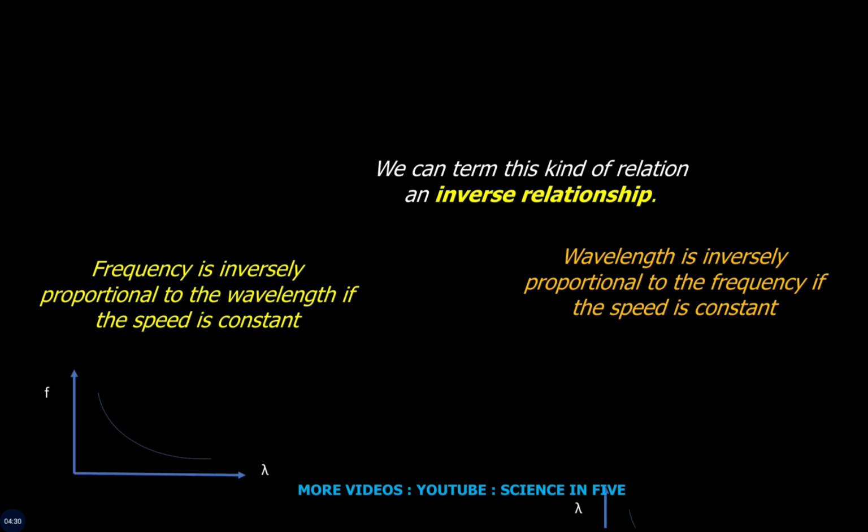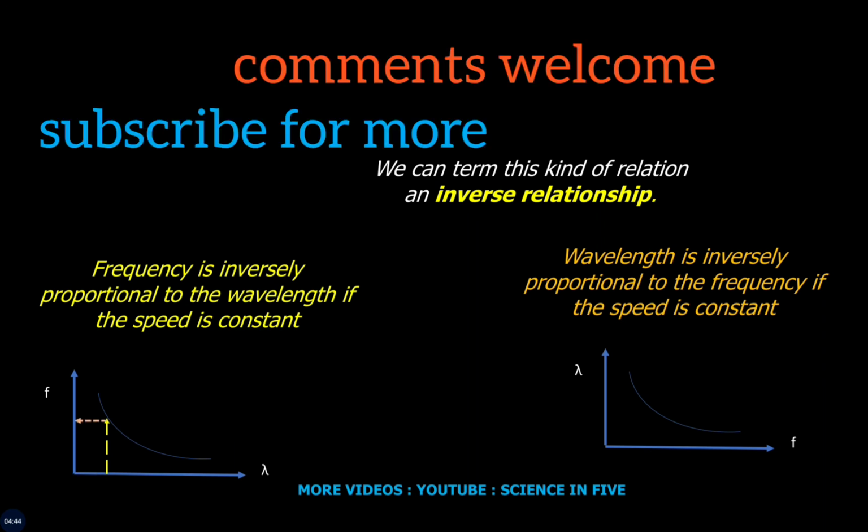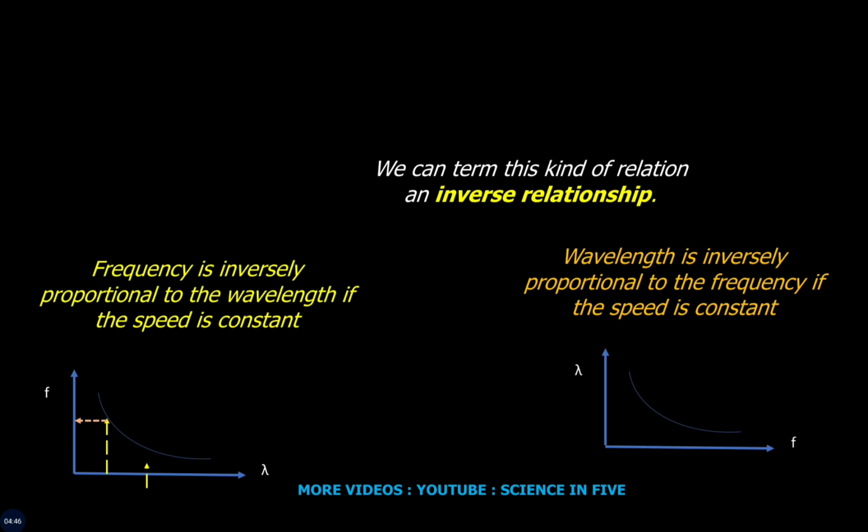This can be represented by these 2 graphs. Looking at the first graph on the left, if we start off with a wavelength value there, it will correspond to a certain frequency value. We increase the wavelength value, the frequency value decreases.